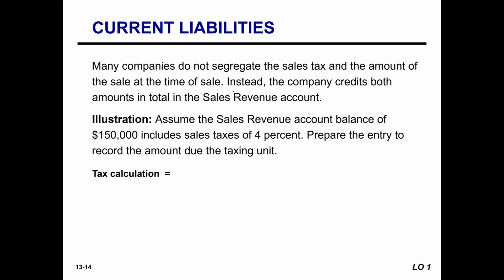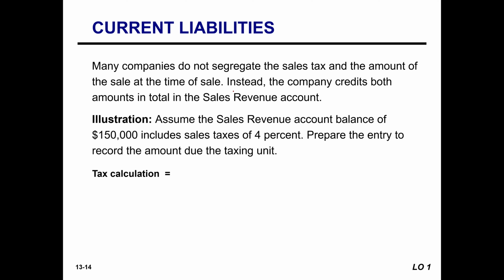So this one says many companies do not segregate the sales tax and the amount of the sale at the time of the sale. Instead, the company credits both amounts in total in the sales revenue account. So it credits the entire amount into sales revenue, and then it has to back up a portion of it. It has to back up the sales tax payable and basically adjust that account.